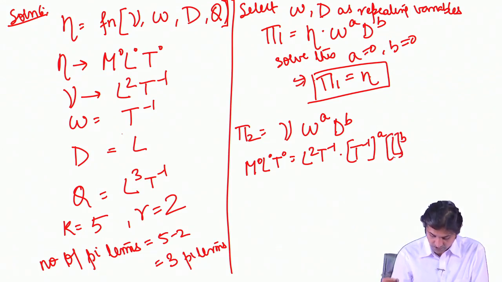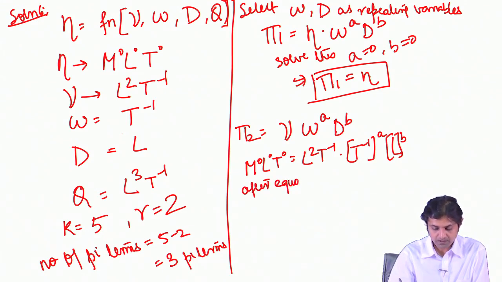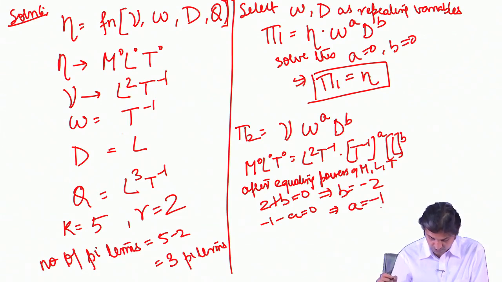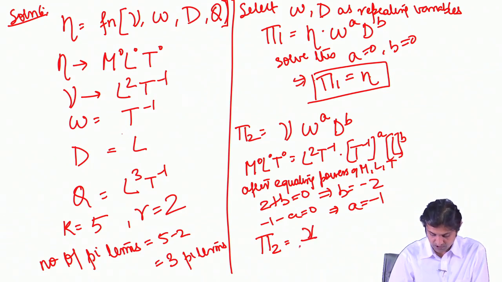Okay. And after equating powers of M, L and T, what we get is 2 plus b is equal to 0, implies b is equal to minus 2, and minus 1 minus a is equal to 0 implies a is equal to minus 1. So our second pi term is going to be nu by omega d square.